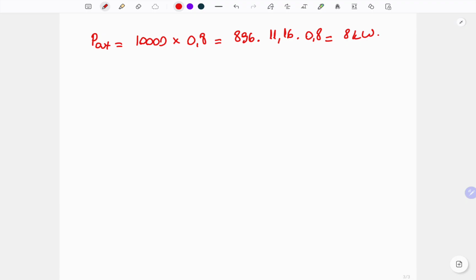Core losses of the transformer. For the core losses, we can examine the RC. Why? Because RC, the resistance of core resistance, represents the core losses in the circuit. So for core losses from primary or secondary side, we can use the equation.